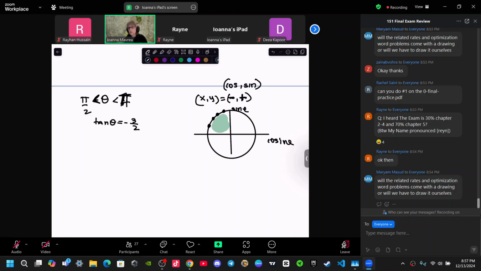Okay, so now that you know that, you ignore it. You go ahead and use whatever formula you need to find cosine and sine, and then you stick the correct sign in front of it, plus or minus, right? Cosine should be negative, sine should be positive. Okay, so tangent. How can I find sine and cosine if I know only tangent?